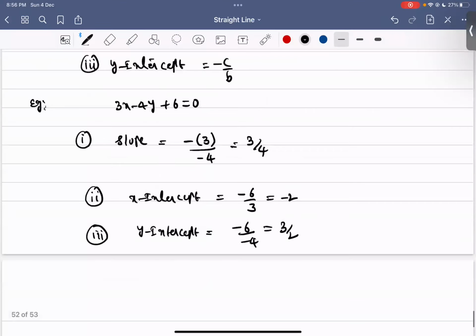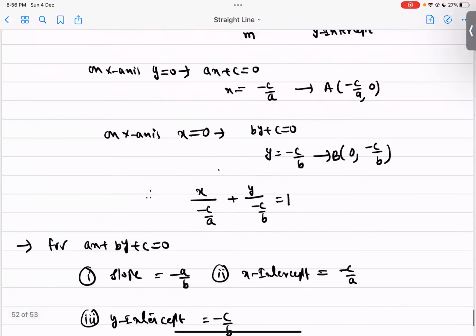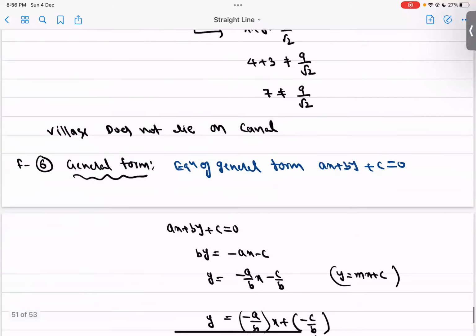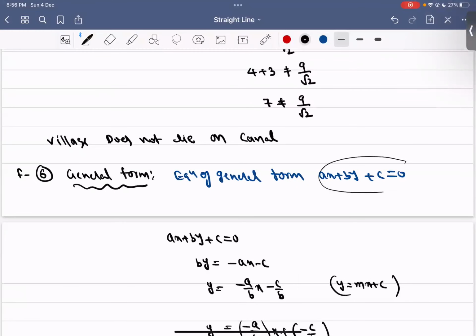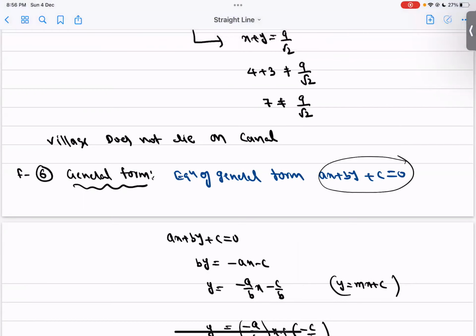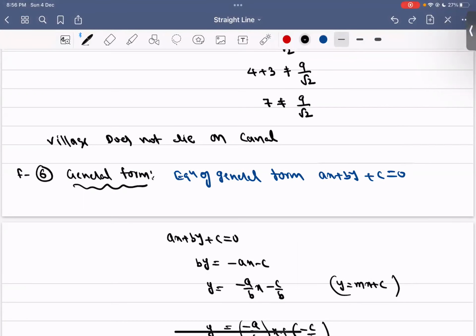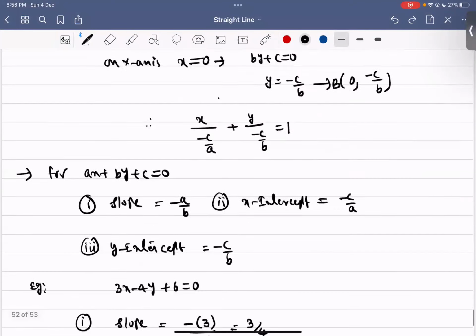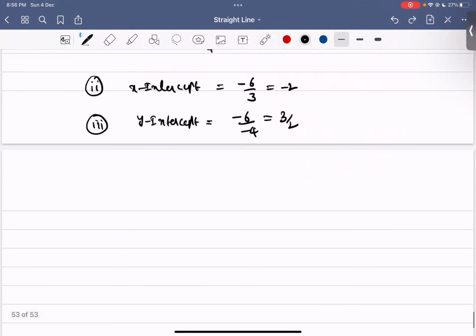So what is the importance of the general form? What is the use of the general form? With the general form, ax plus by plus c equal to 0, we can handle all situations.